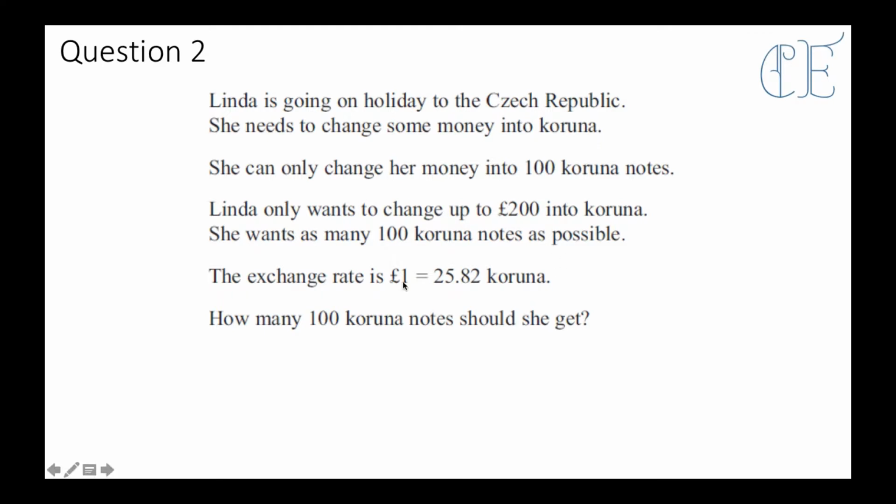Let's think about the fact that she's got £200 and she wants to change it to koruna. So if she's in pounds, she's here, and we want to go over here to koruna. If we're going over here, we times. So it's 200 times 25.82, and that gives us 5,164 koruna.